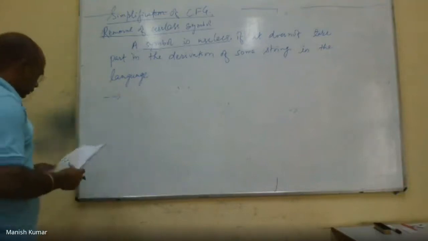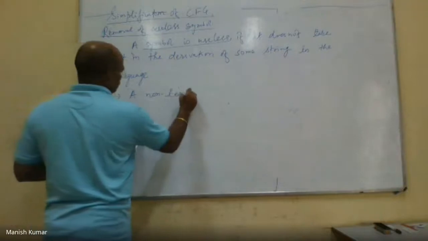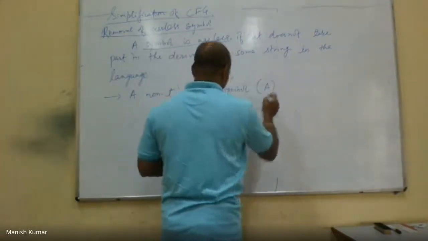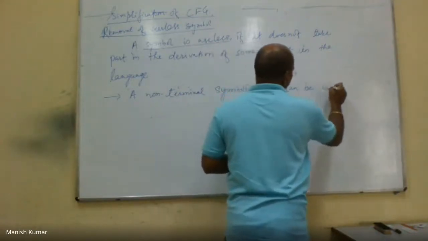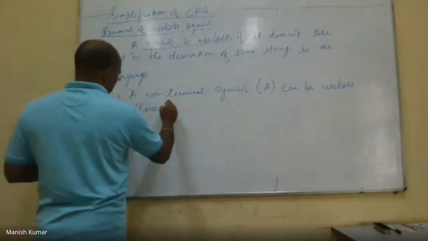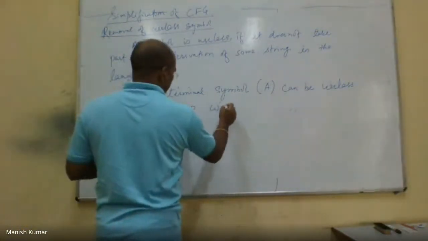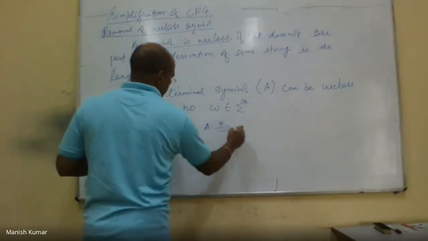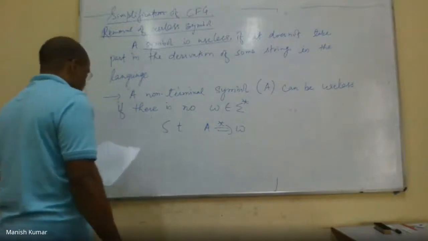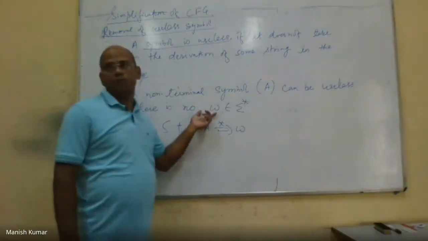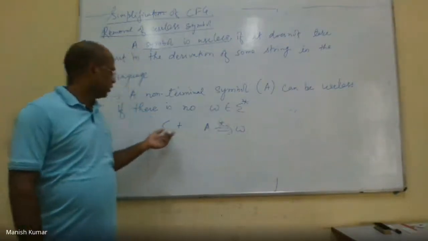So the first point: a non-terminal symbol, say A, can be useless if there is no small w, which is some string out of sigma star, such that A derives w.